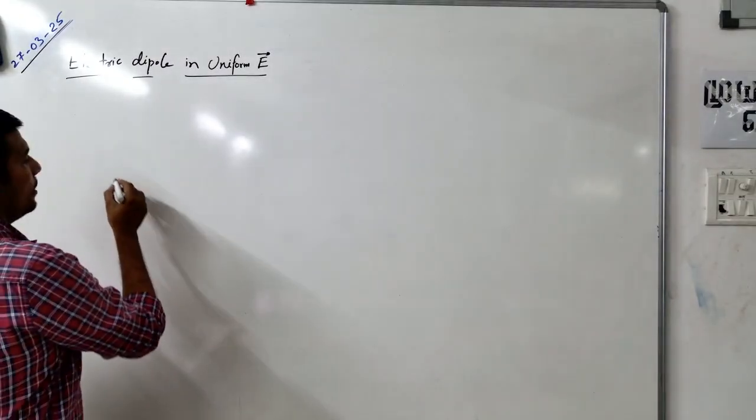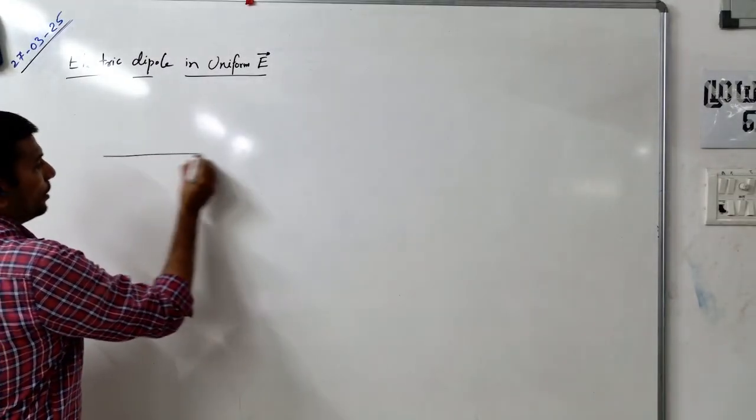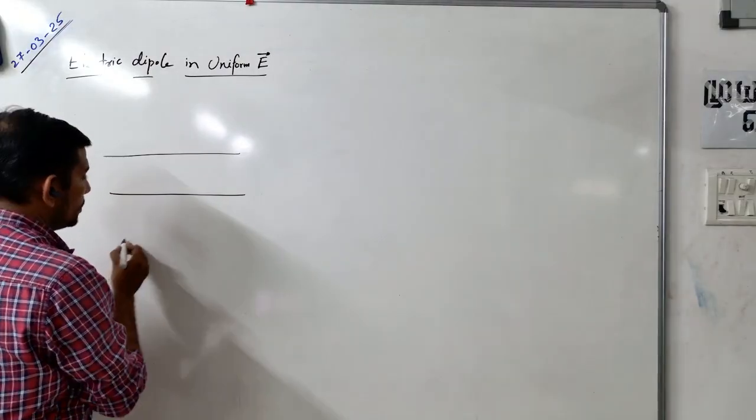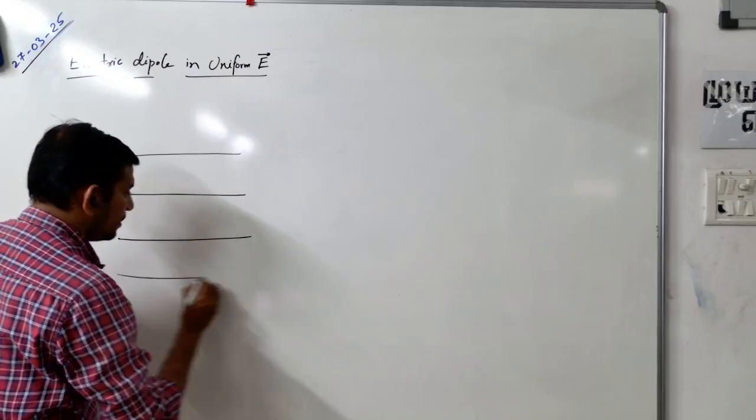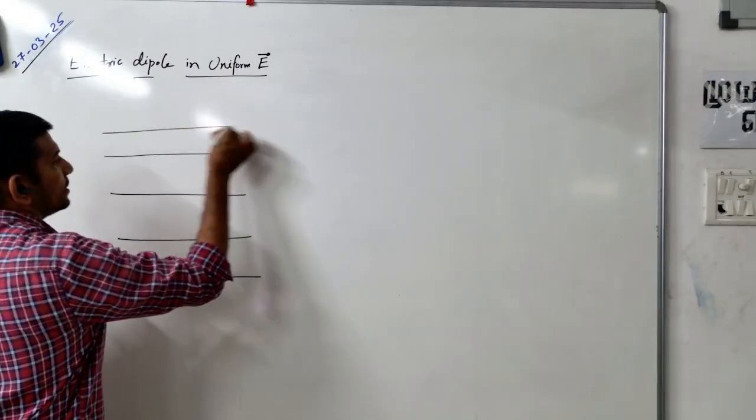So let's take a uniform electric field. A uniform electric field is denoted by parallel lines.